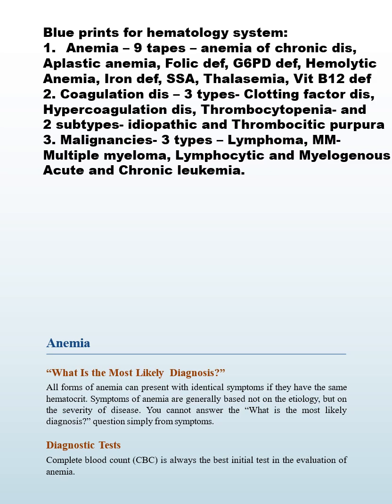So let's start from number 1, which is anemias. If they ask the question, what is the most likely diagnosis? All the forms can present with identical symptoms, and all of them have a decreased hematocrit.